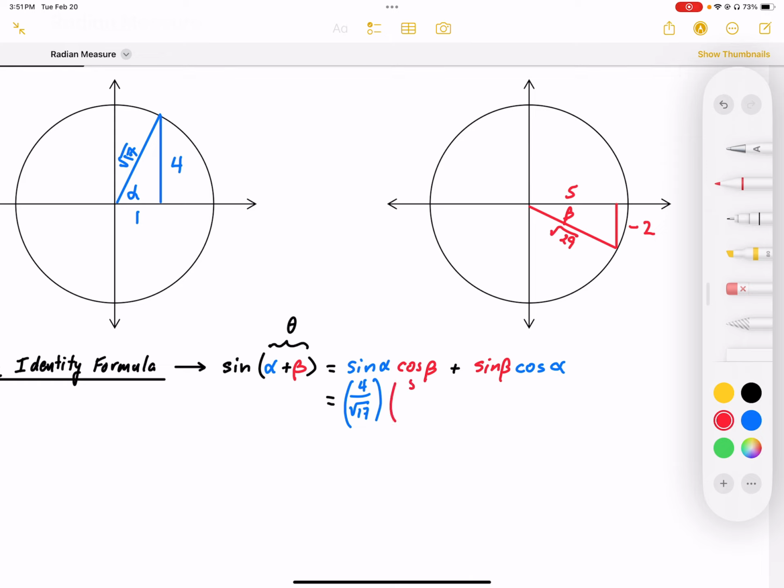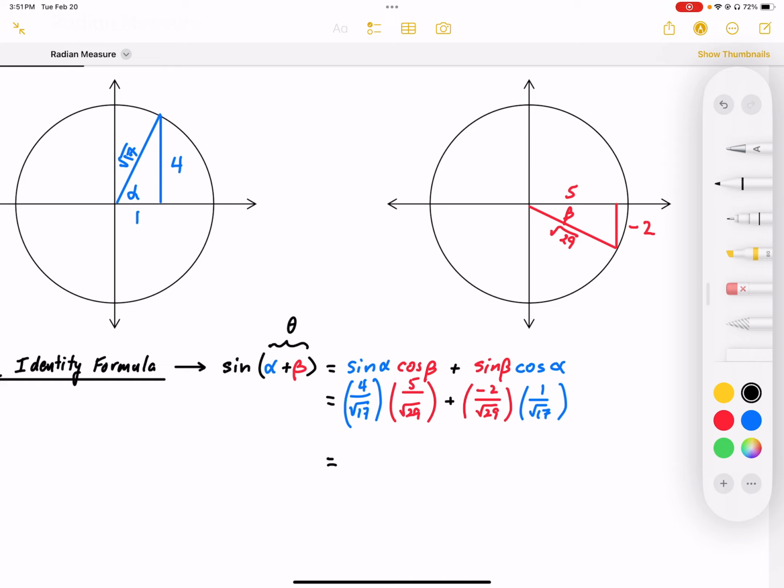Cosine of beta is going to be 5 over square root 29, and plus sine beta, negative 2 over square root 29, and cos alpha is going to be 1 over square root 17.